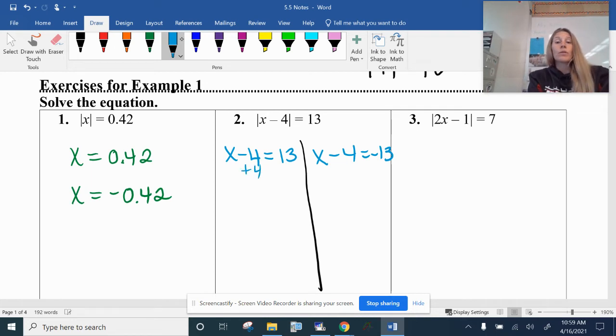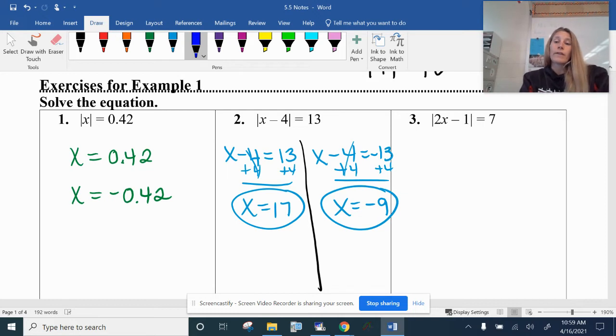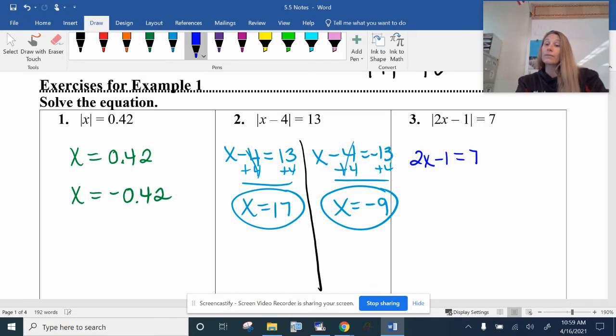So now we're just solving them by adding the 4. One solution would be 17. And if we add the 4 to the negative 13, our other solution is negative 9. And finally, our third example, again, we would know that whatever is in this absolute value, 2x minus 1, could equal positive 7 because the absolute value of 7 does equal 7.